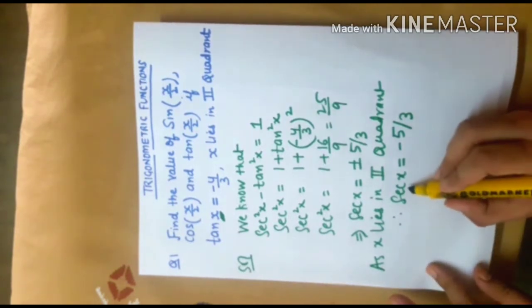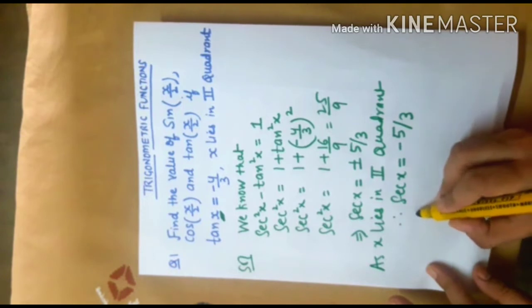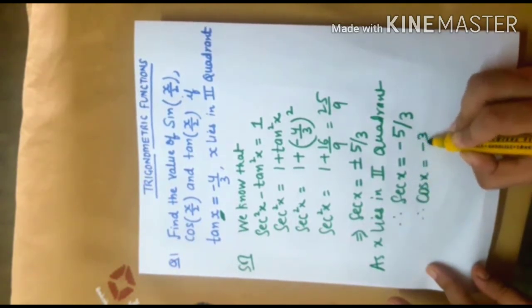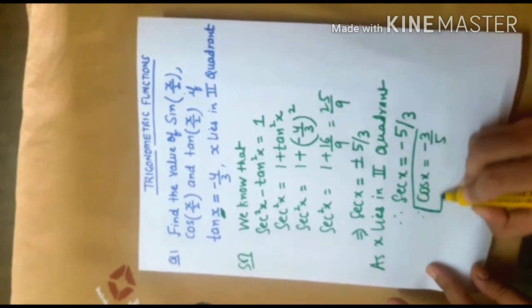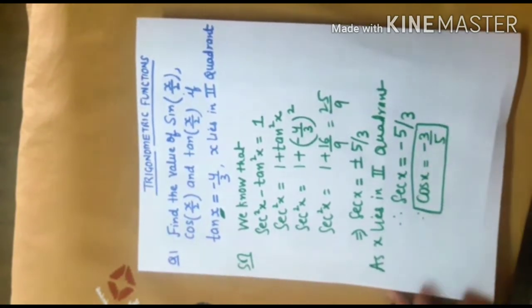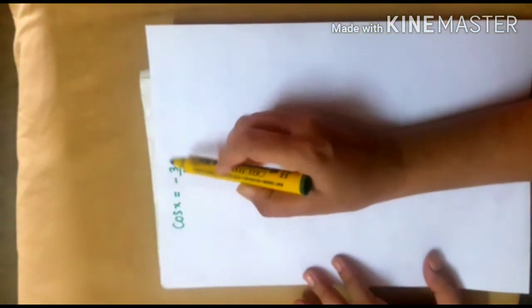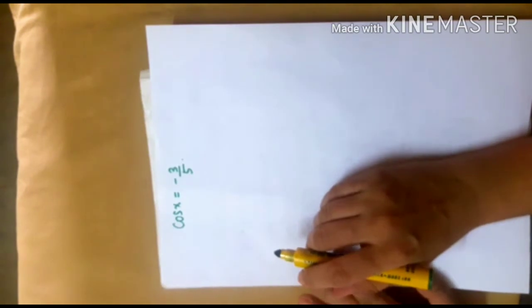So when secant x is minus 5 by 3, therefore cos x will be equal to minus 3 over 5, right? So we have obtained cos x equals minus 3 over 5.